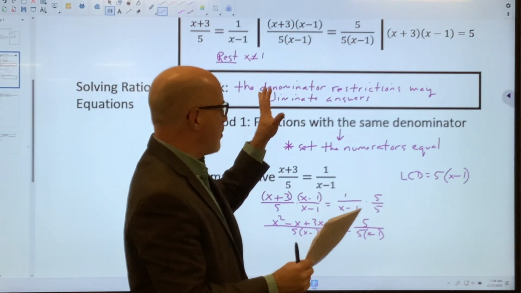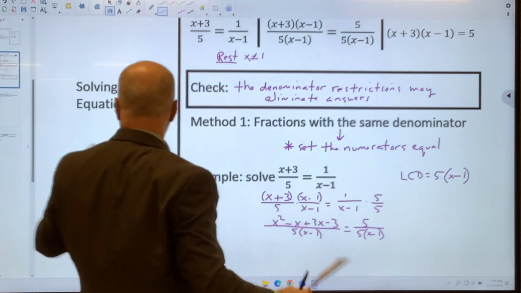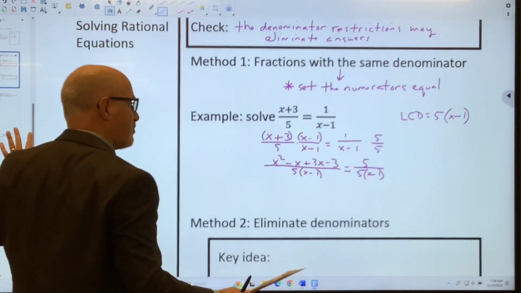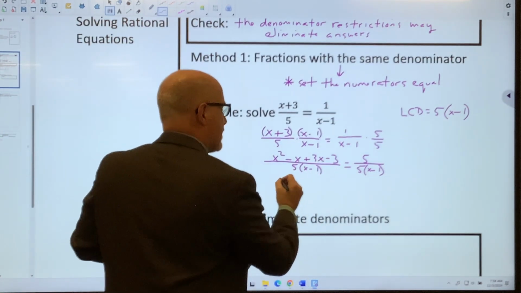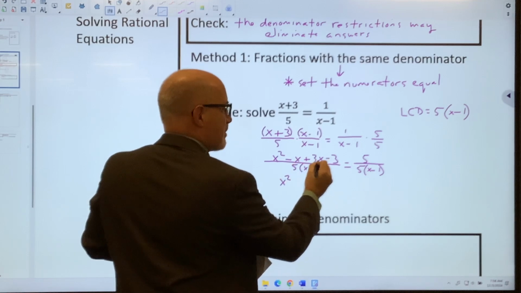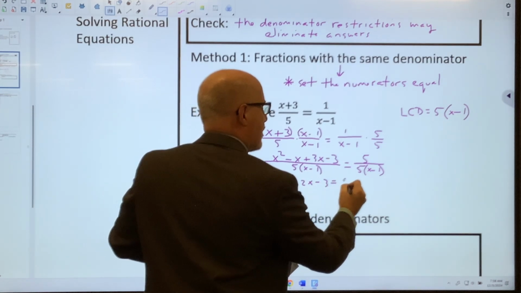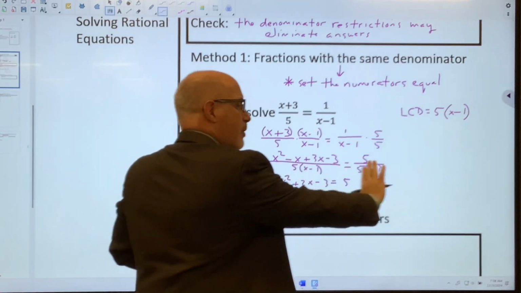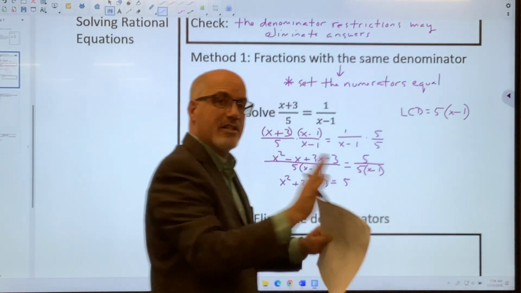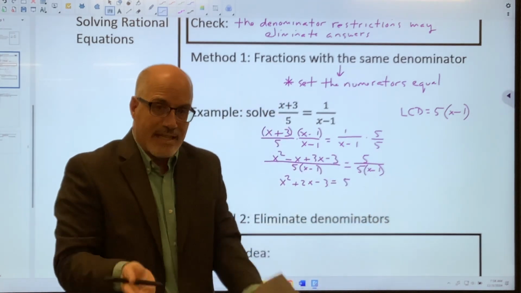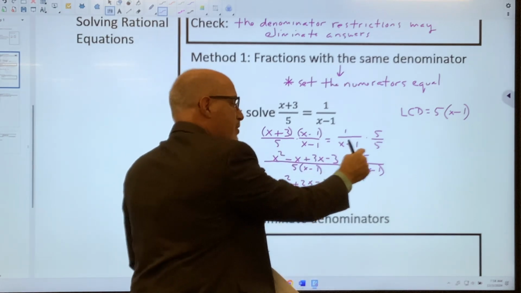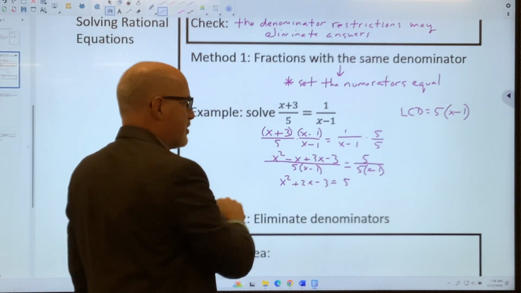Once you have that, you can set those numerators equal to each other. So this numerator, x squared minus x plus 3x is plus 2x, minus 3, is going to equal 5. I can get rid of the denominators because with two equal fractions with the same denominator, the numerators have to equal each other. Now I'm going to just solve this equation.